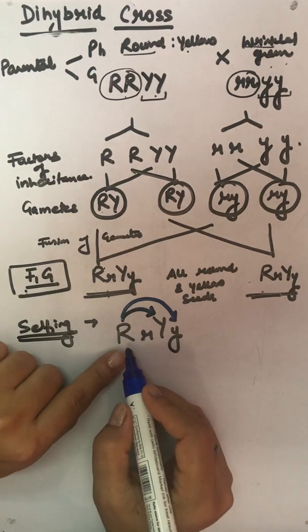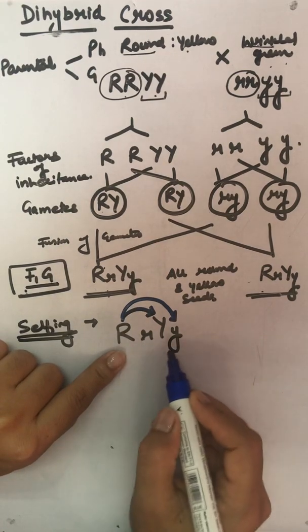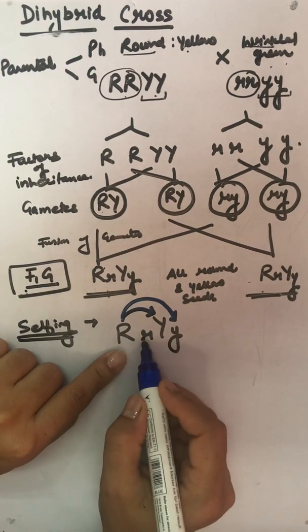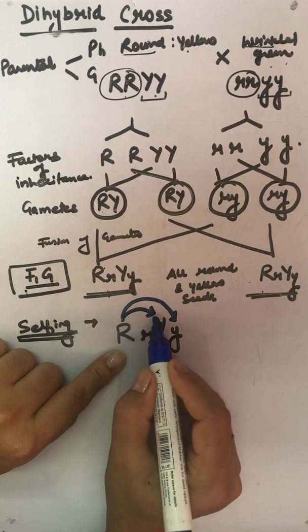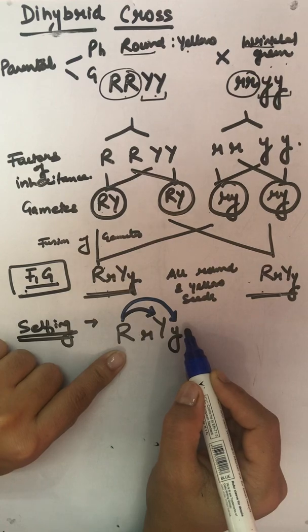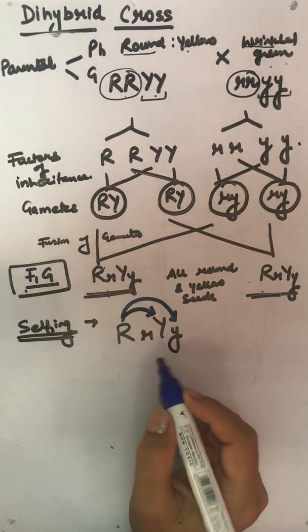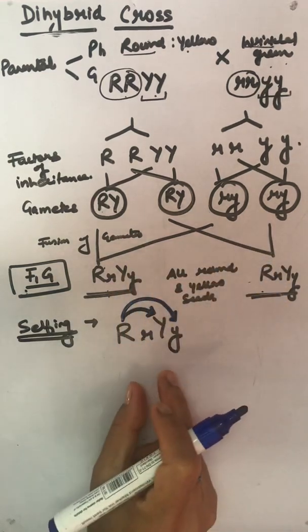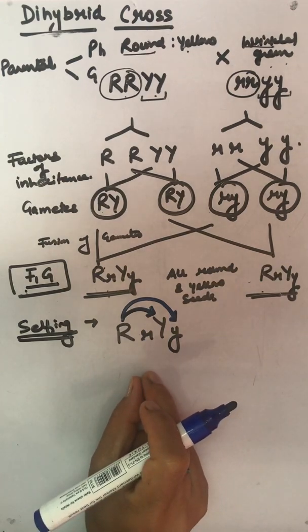Means gametes are free to sort themselves independently, independent of their own pair, and they are going to pair up with the next character. What is fusion? We are blending two traits. Here also we are blending two factors, two traits.